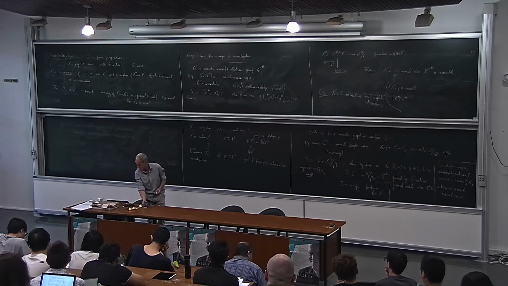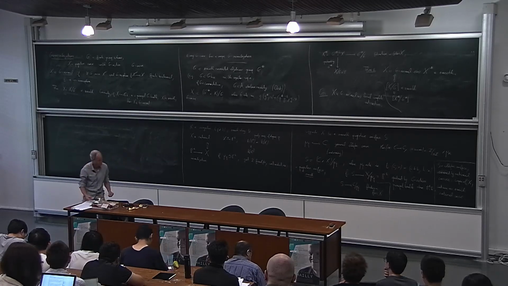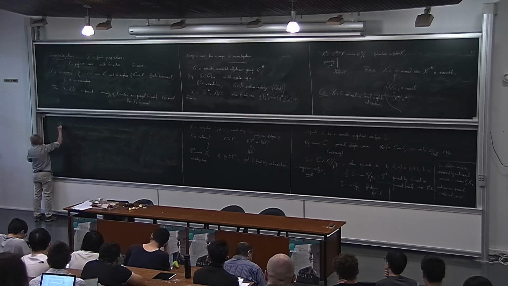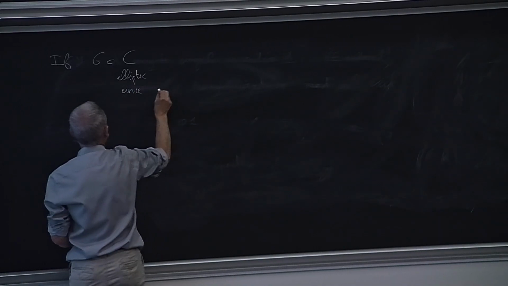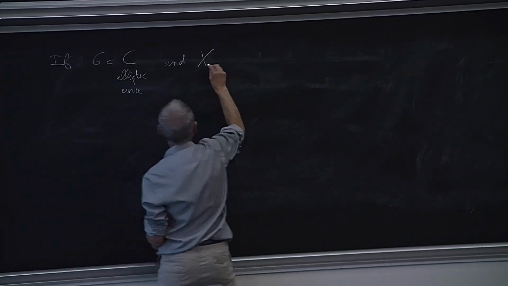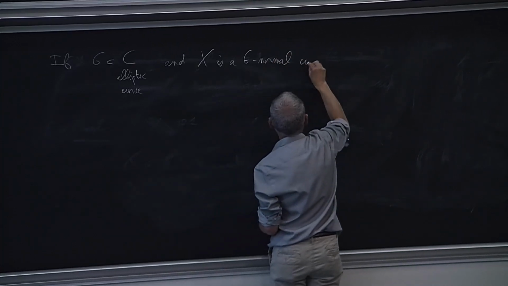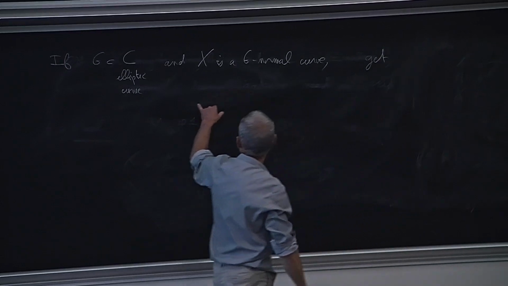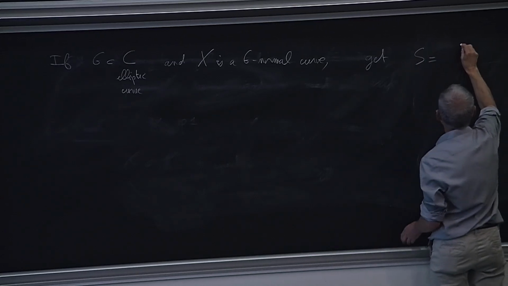Okay, so on the left, I want to mention two things. First of all, if your group G is contained in an elliptic curve, and X is G normal, what you get in this way, taking this C as this check, is a surface as we already discussed.